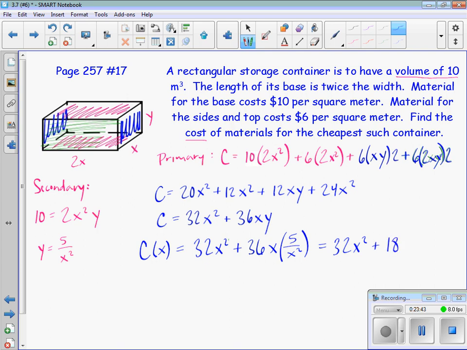So I've got 180 x to what power? Negative first. Or you could have divided by x. It's just easier for a lot of people with the derivative there. Questions on that?